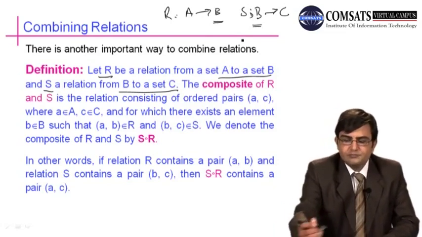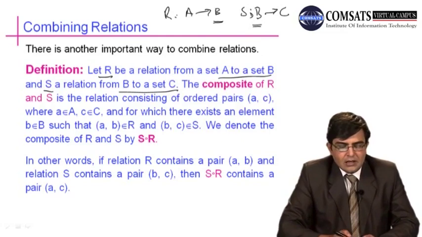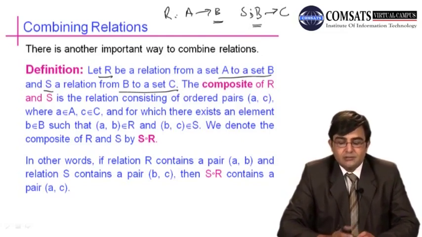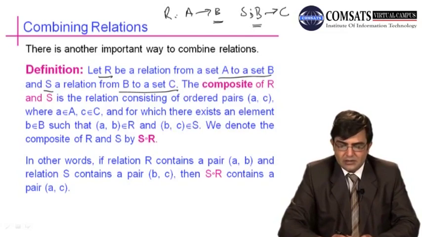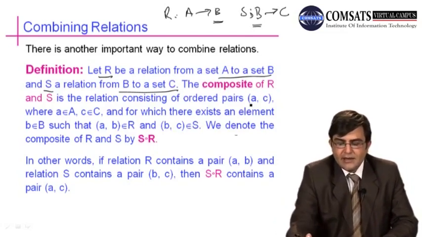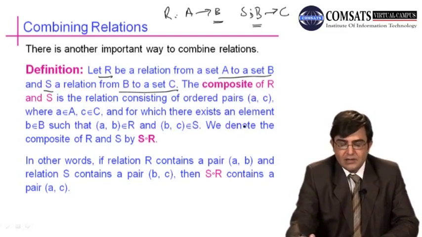Now how do we construct or take the composition of R and S? The composite of R and S is the relation consisting of ordered pairs, basically (a, c).